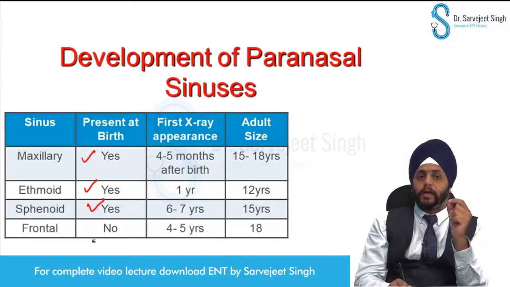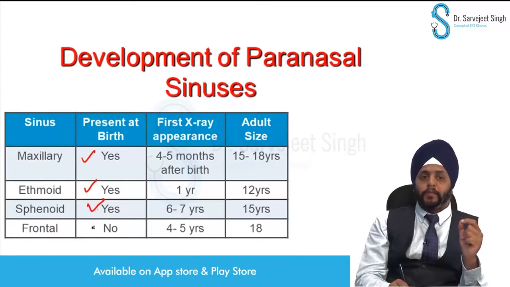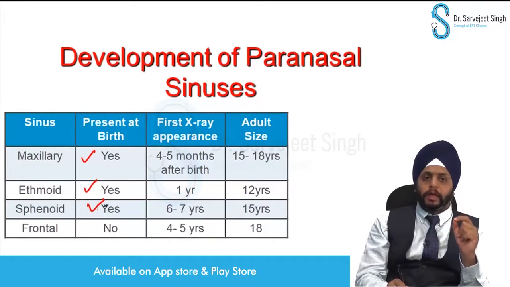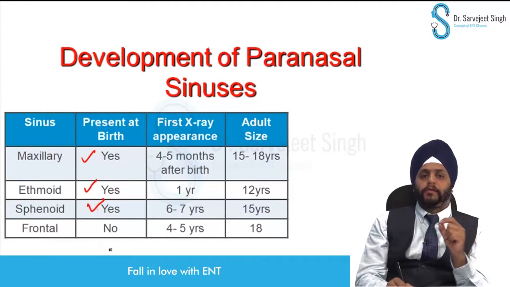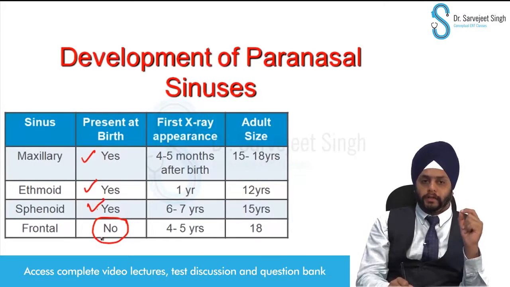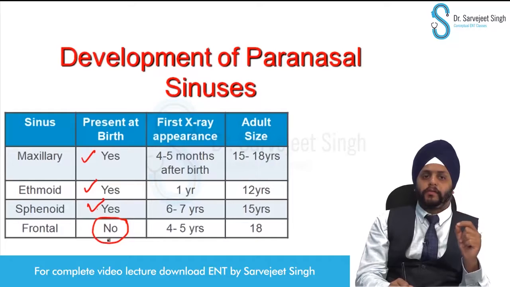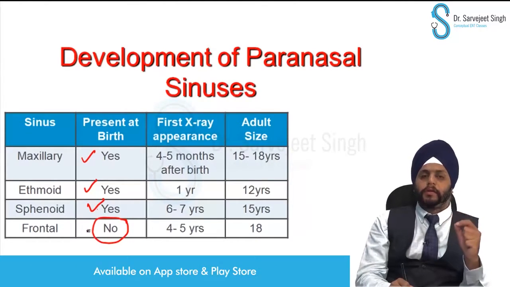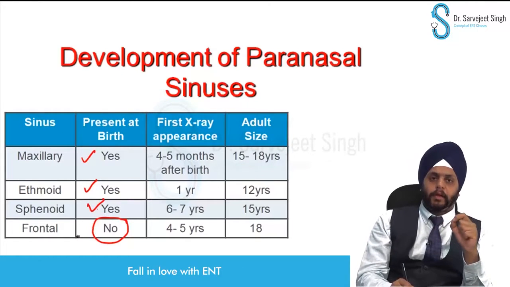So if somebody asks us a question, which of these sinuses is not present at the time of birth, we can safely mark our answer as the frontal sinus, because it is indistinguishable at that time from the ethmoid cells, right?